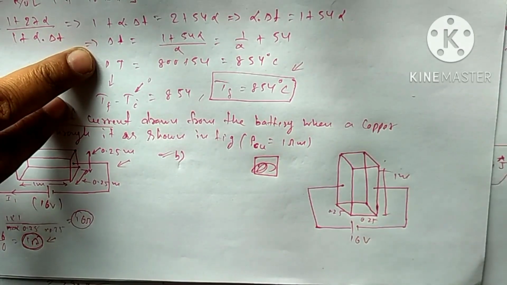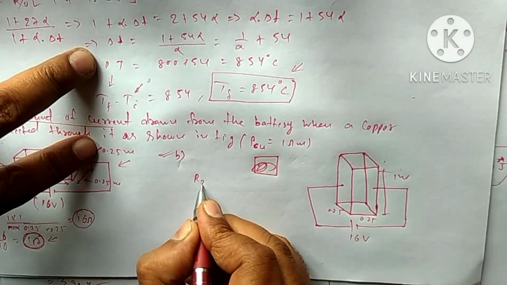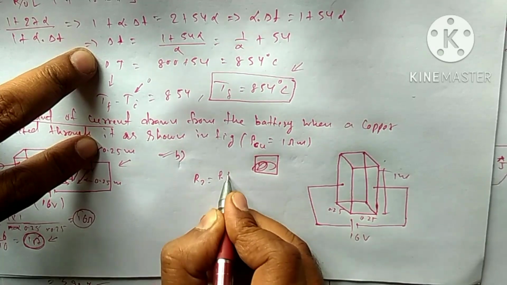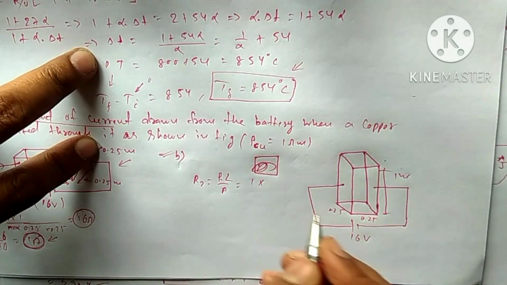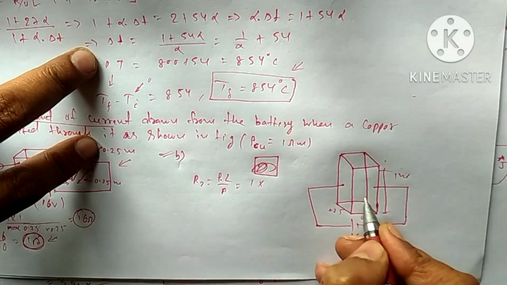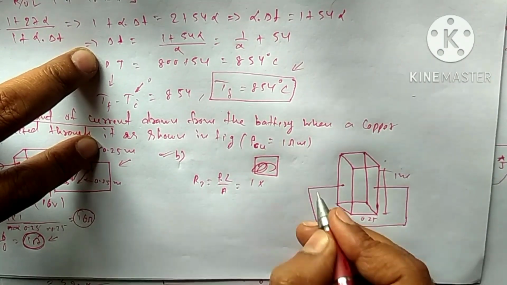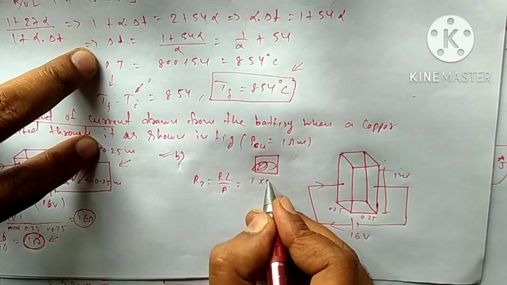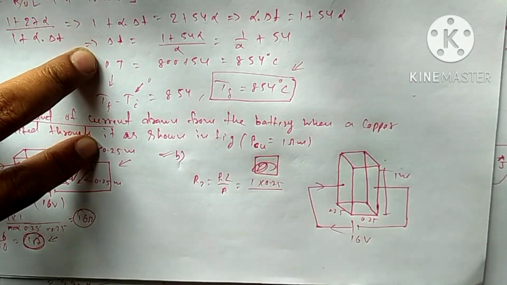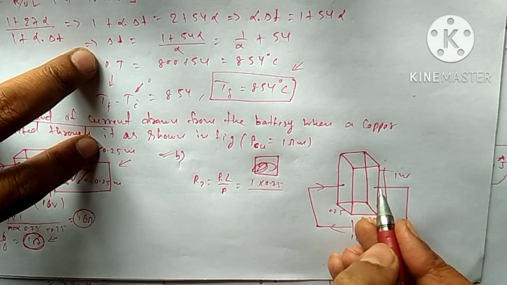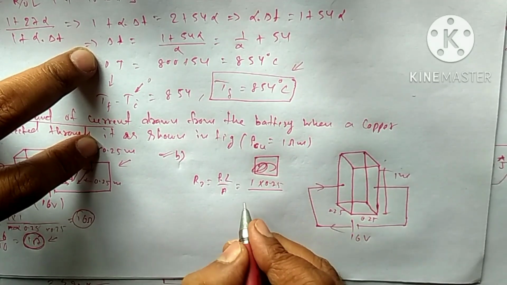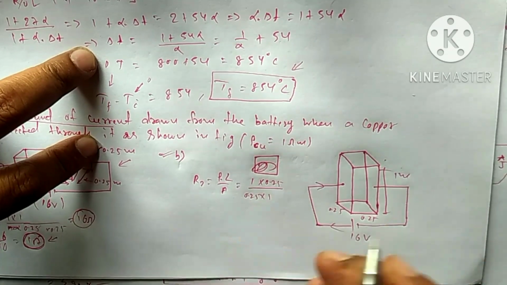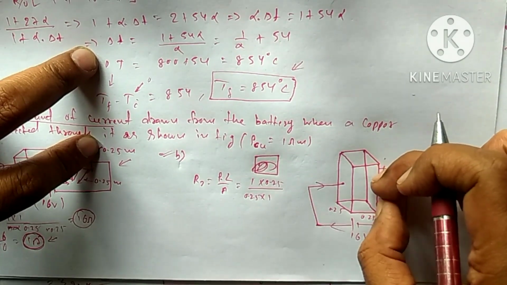Also we can find the resistance R2, rho into L by area. Rho is 1, and length is 0.5, because the current goes through only 0.25, divided by area, which is 1 multiplied by 0.25. I hope you understand why we take 0.25 multiplied by 1: this is the length and this is the breadth.